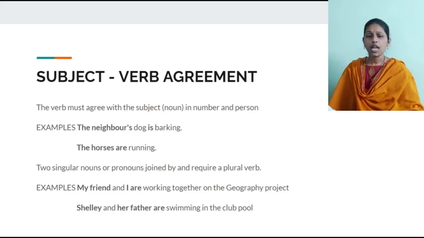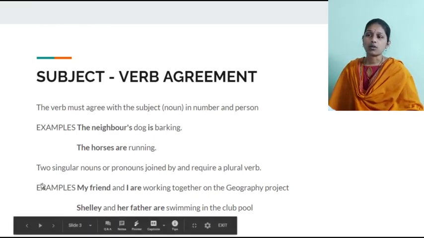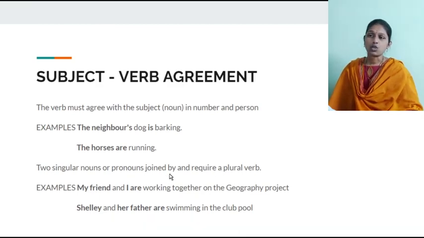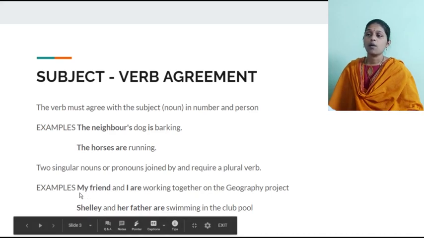And there are some other rules to be followed. Two singular nouns joined by and require a plural verb. Two singular nouns connected by the connector and require a plural verb. See here, my friend and I are working together on the geography project.